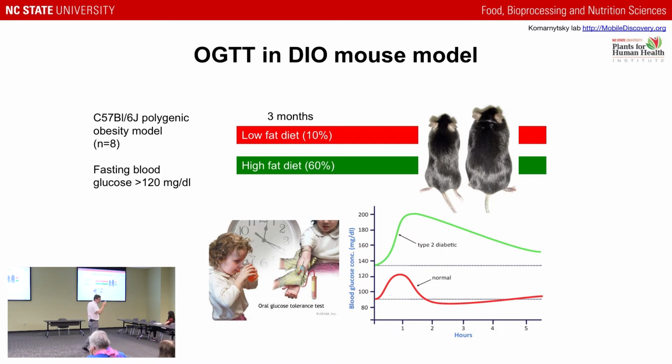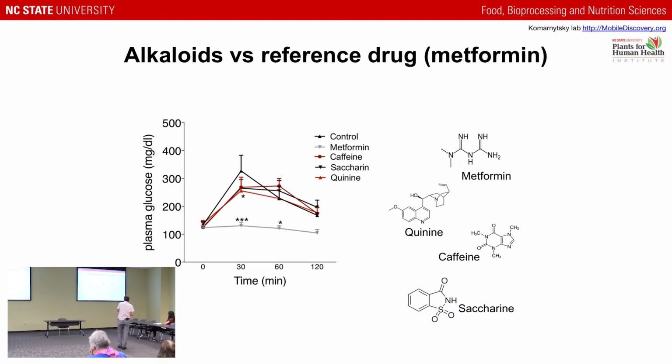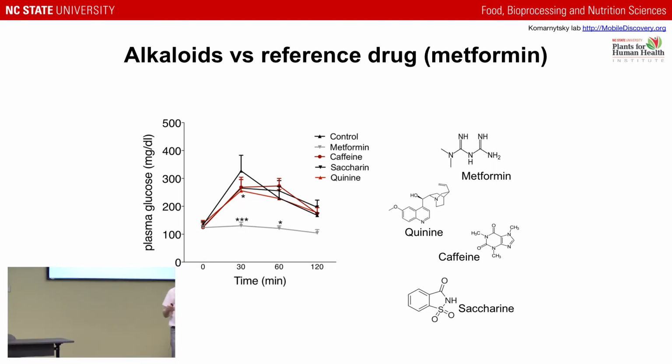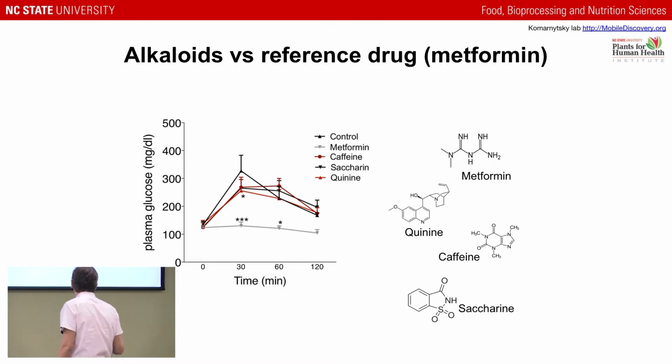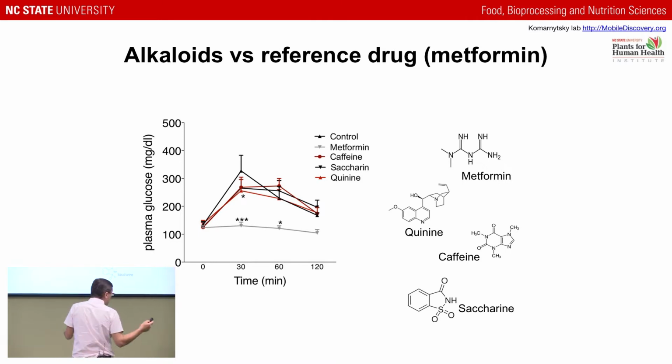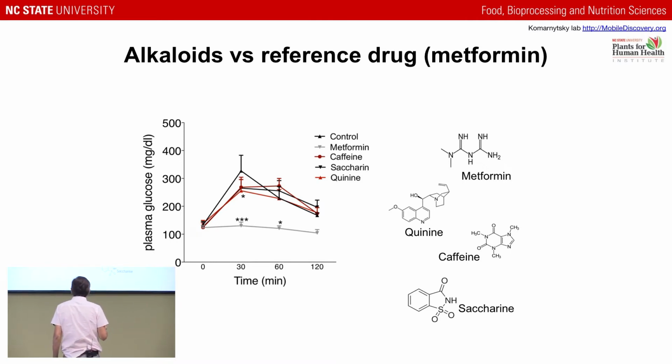So then we took the compounds from all these different classes and we put them in mice one by one. Right, so this was my PhD student who did it, and I really appreciate it. Some of you probably remember Kim. She was the first PhD student coming out from my lab. So these are the OGTT curves. Basically your control is here, just glucose. It goes up and then slowly comes down. Metformin is a reference drug.